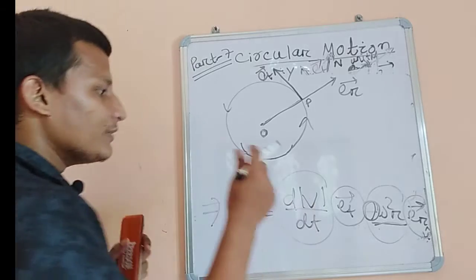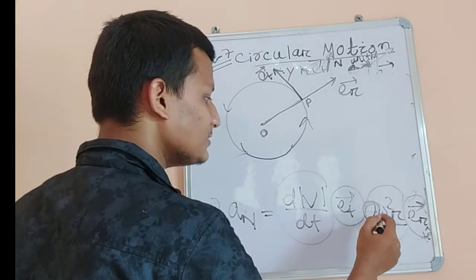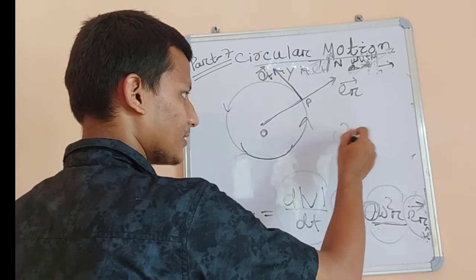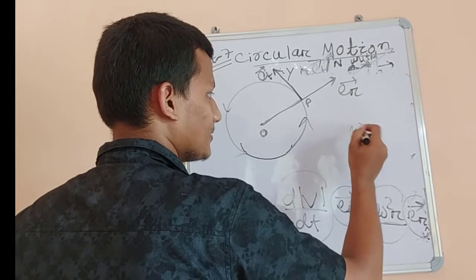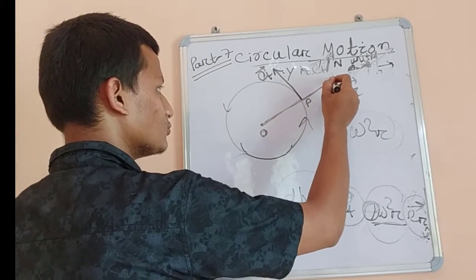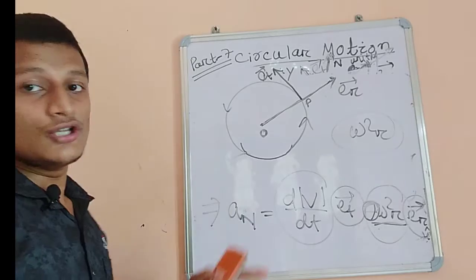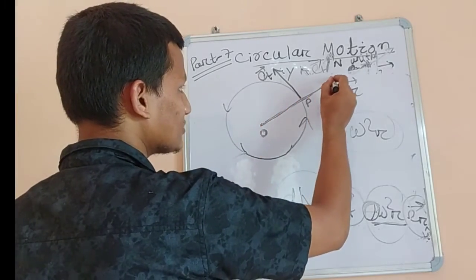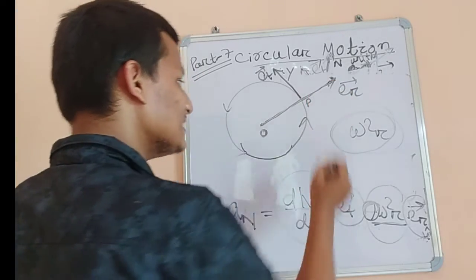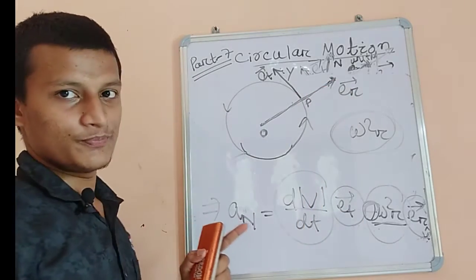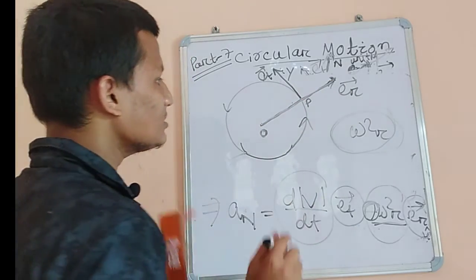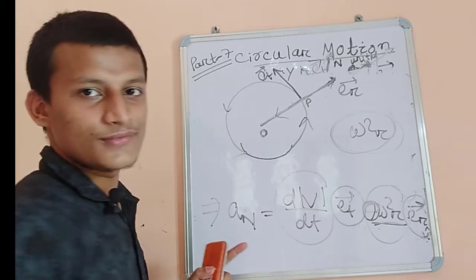The modulus along ER vector is minus omega square r. What does the minus show? The magnitude of this vector is omega square r, which is the radial acceleration magnitude. The acceleration along this radial direction has magnitude omega square r, but it is acting in the opposite direction to the radial direction. The radial direction is outward from the circle, but the acceleration is acting inward.